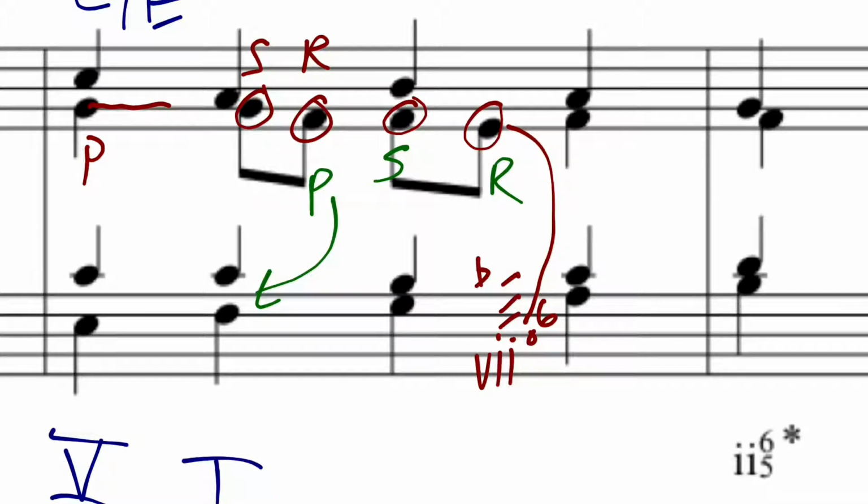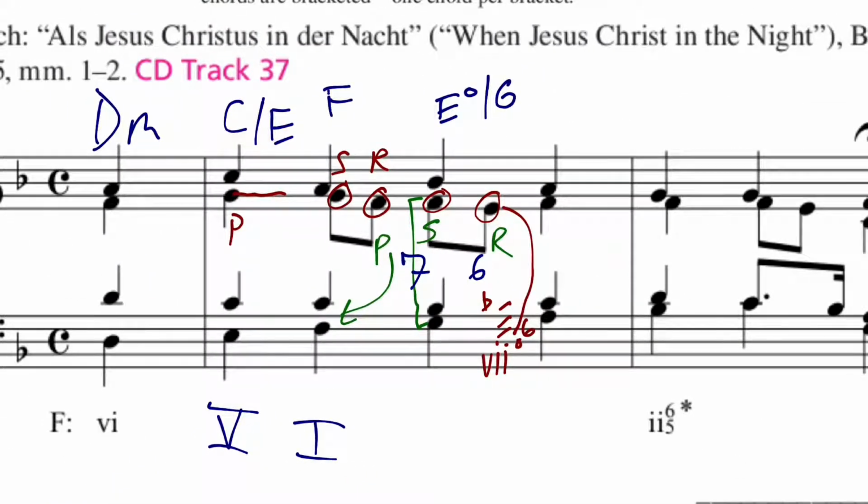What's the distance of the suspension? To the bass, it's G, B, D, F, or it's a 7. Going down one note to this E, so a 6. So we can say it's a 7-6 suspension.